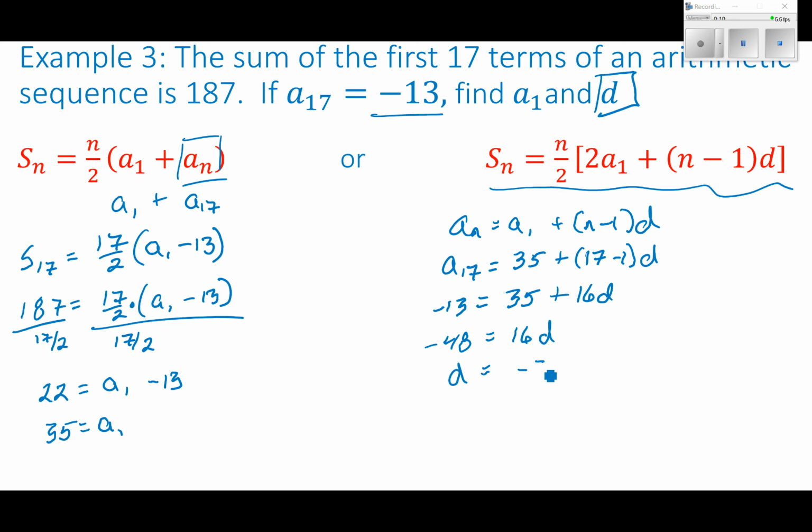So d is going to be equal to negative 3. So I was able to find the first term and the common difference without even knowing what the sequence looks like, besides the fact that it's adding up to 187 and what the 17th term is.